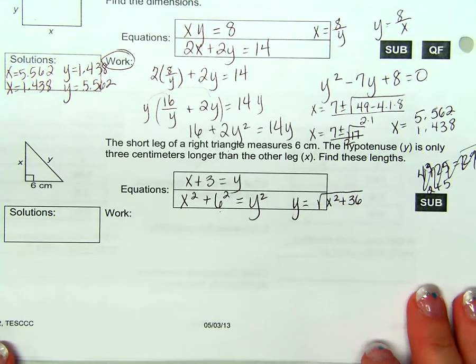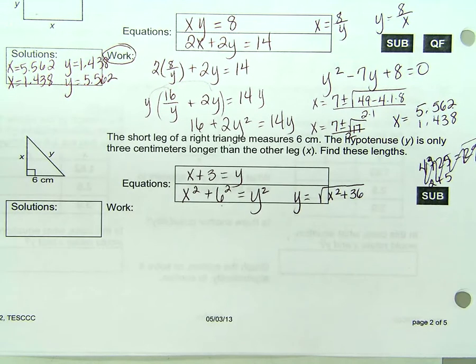All right, we'll go with it for a second. So you want to graph these two things? So let's go to my calculator and the graph. And I'm going to put in x plus 3 for one of mine. And then I'm going to put in, for the other one, the square root of x squared plus 36.